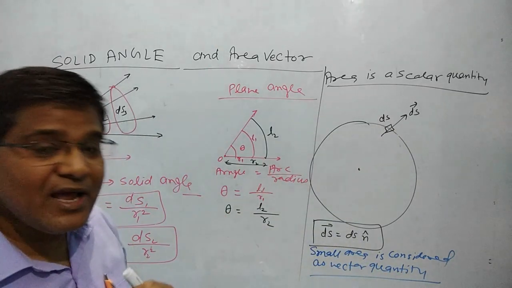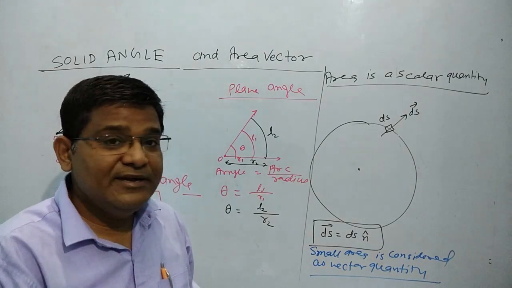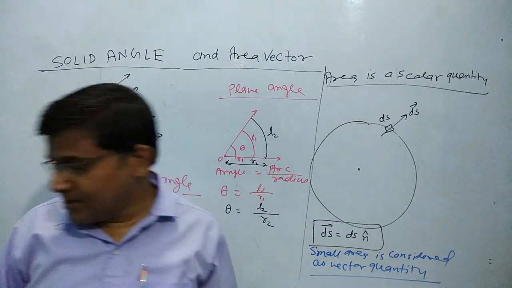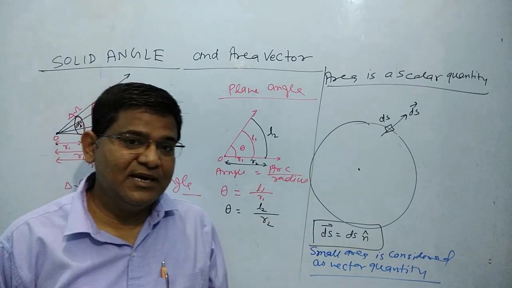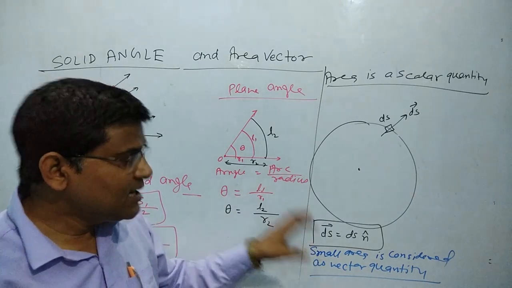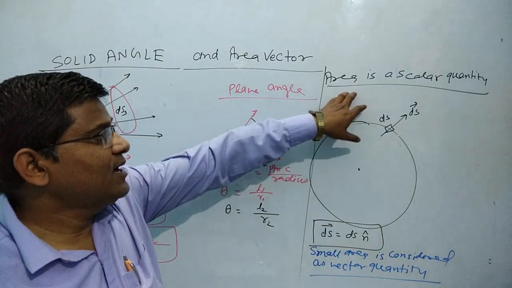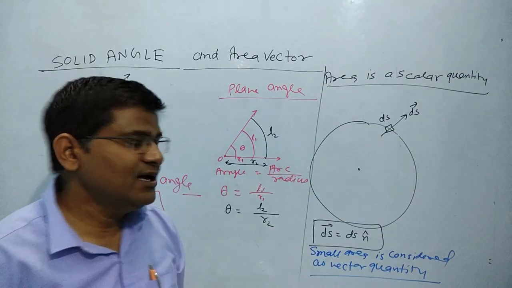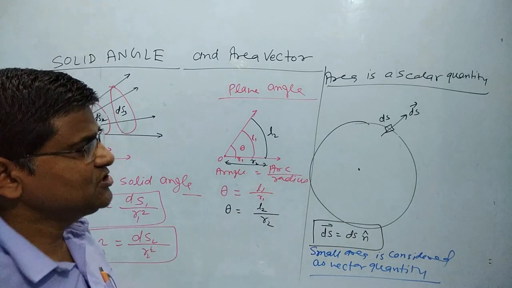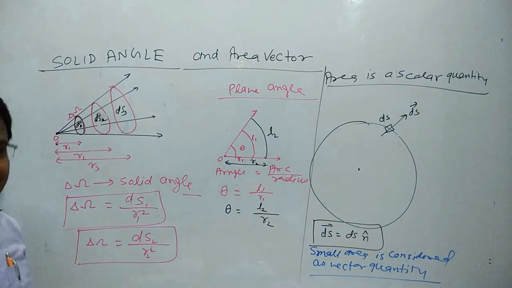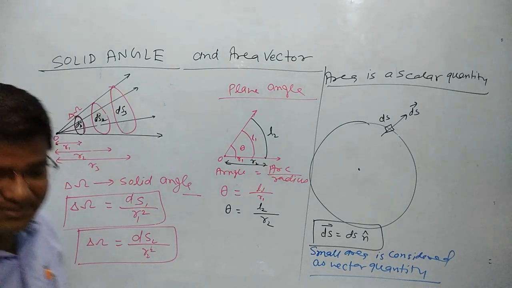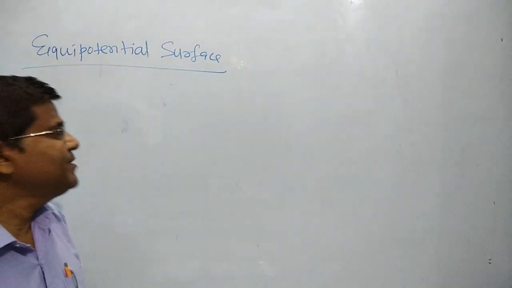Just like a very small angle, angular displacement, is considered a vector quantity, but a big angle is considered a scalar quantity, because the cross product or some other rules are not followed by the bigger area but are followed by the smaller area. And these two things help you to understand electric flux and Gauss's theorem. I will discuss that later.